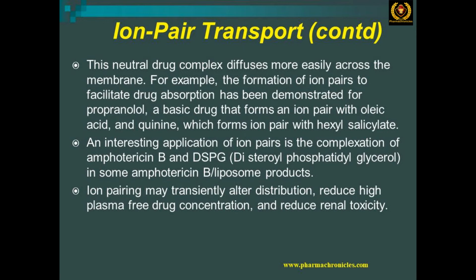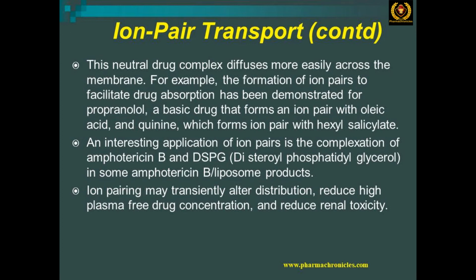For example, the formation of ion pairs to facilitate drug absorption has been demonstrated for propranolol, a basic drug that forms an ion pair with oleic acid, and quinine, which forms an ion pair with hexyl salicylate. An interesting application of ion pairs is the complexation of amphotericin B and DSPG, distearoyl phosphatidyl glycerol, in some amphotericin B liposome products.